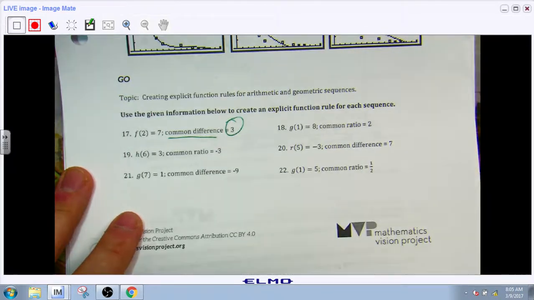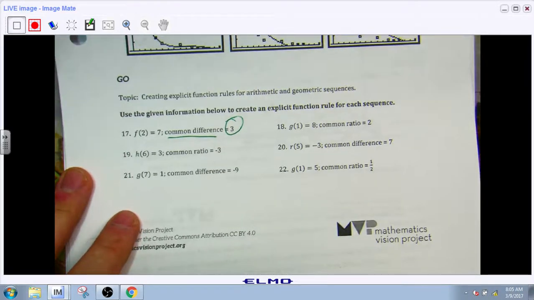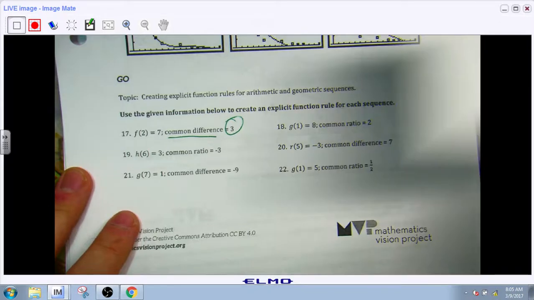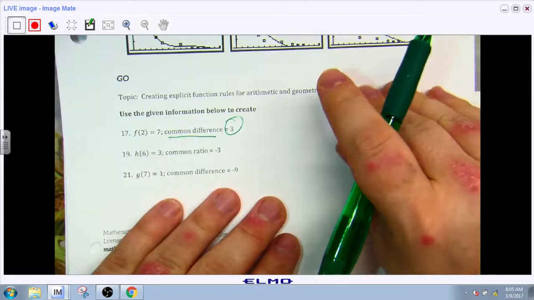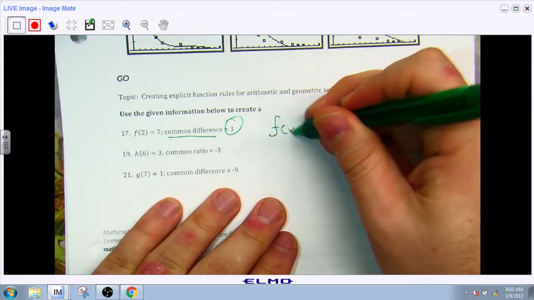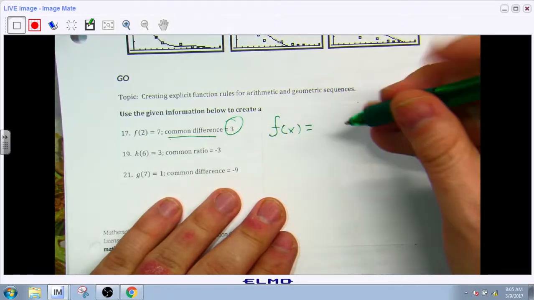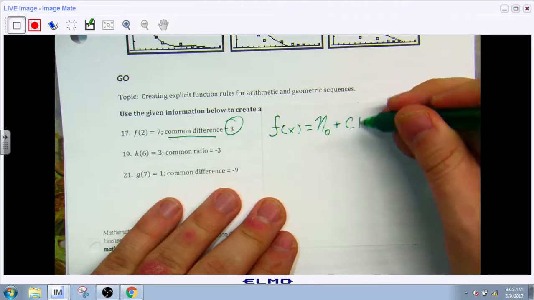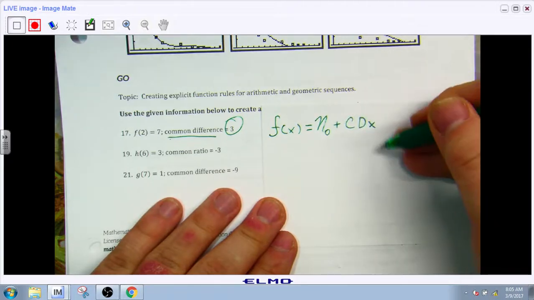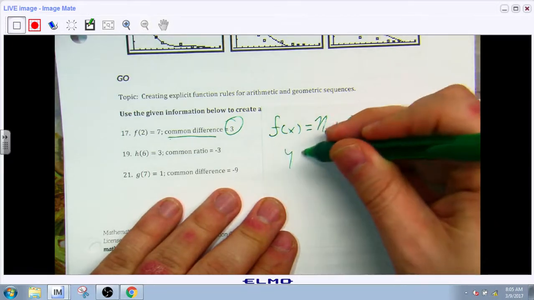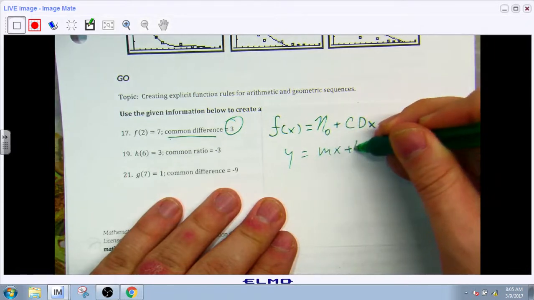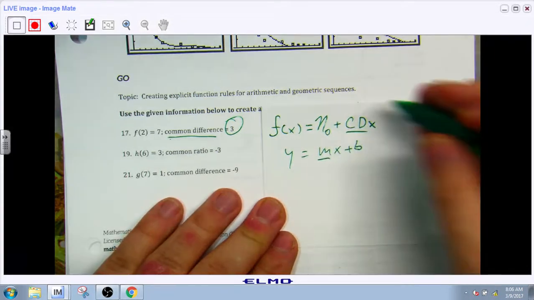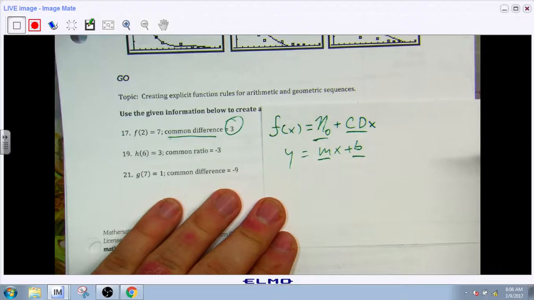And so, just a little refresher on our arithmetic and geometric sequences, because it has been a while: our arithmetic sequence is going to have f of x equals n sub 0 plus our common difference times x, which is really the same thing as y equals mx plus b. M and common difference are the same thing, n sub 0 and b are the same thing.